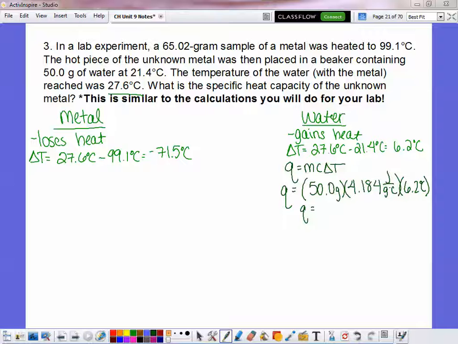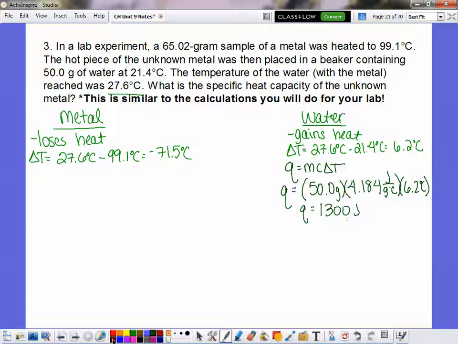What did you guys get? You should have gotten 1,300 joules, right? Okay. So now, this is the energy that the water gains. Where did that energy come from? The metal. Okay.